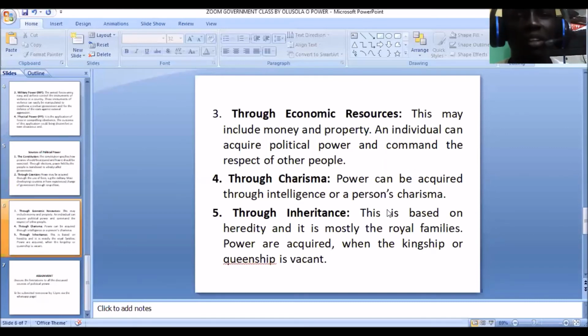Through economic resources, one can also attain power. When you have money. And that's why today in Nigerian politics, and not only Nigeria, but countries in Africa and other developing nations, apart from the advanced or developed nations, they use money to attain power.